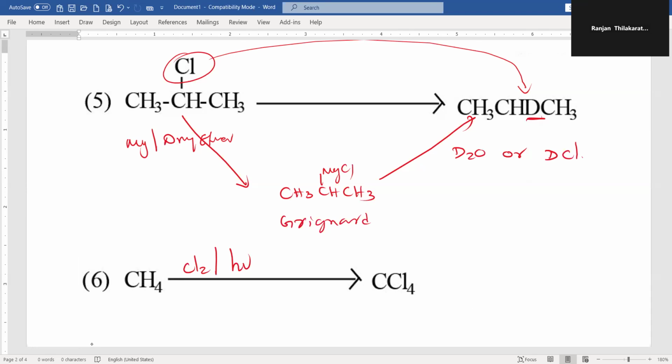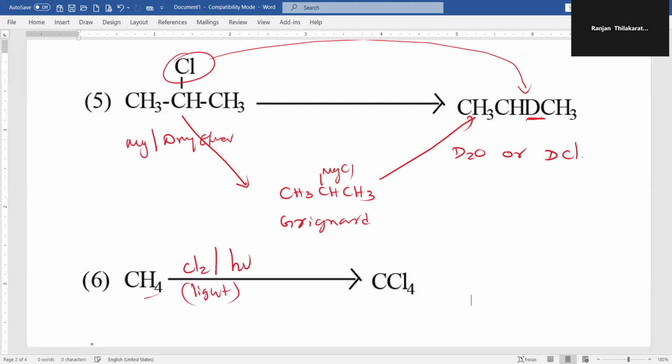Which light? Diffuse sunlight. The energy from light may be enough. Diffuse sunlight, especially the sunlight, is enough. That means the energy carried by that sunlight is enough to carry out this particular reaction.